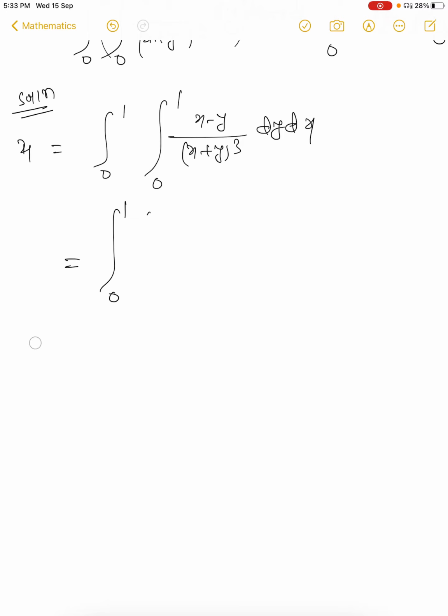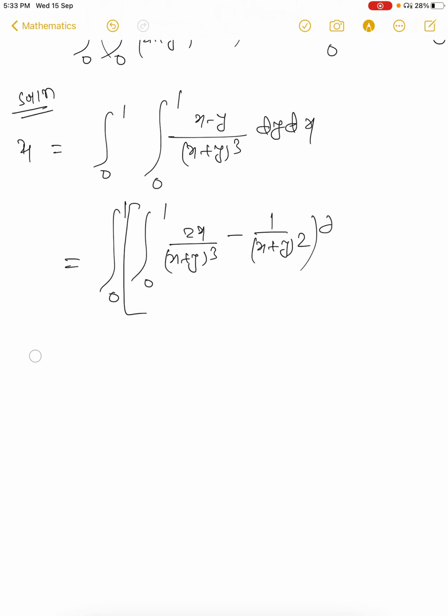So 0 to 1, partial fraction, 2x upon (x plus y) cubed minus 1 by (x plus y) whole squared dy dx. After integration you will get 0.5.